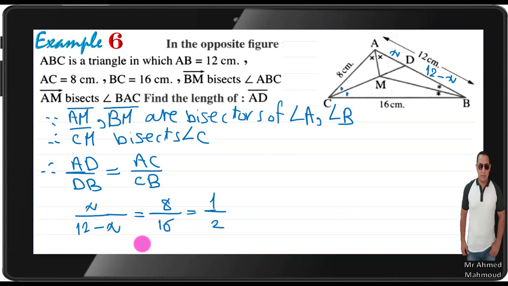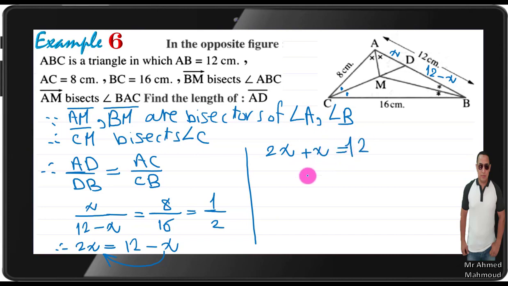So I'm going to make a cross multiplication. 2 times X equals 1 times 12 minus X. So 2X equals 12, and 1 times negative X equals negative X. Now send X to this side, so it will be 2X plus X equals 12.